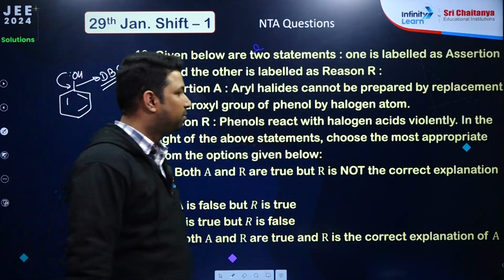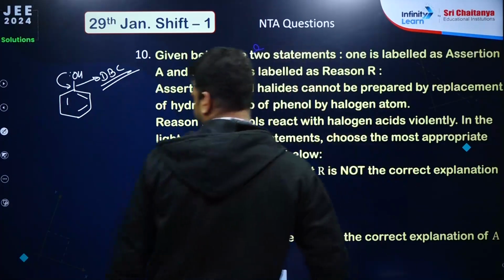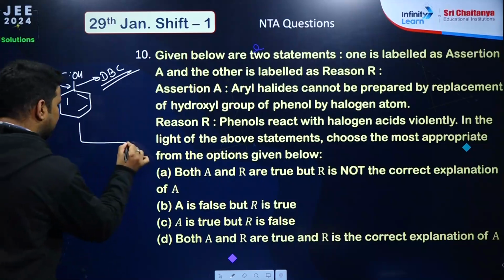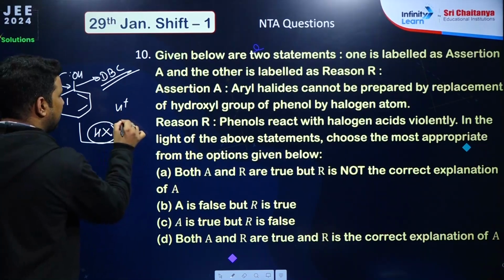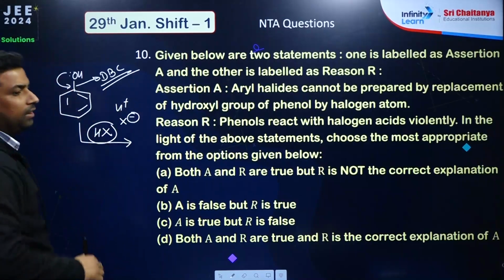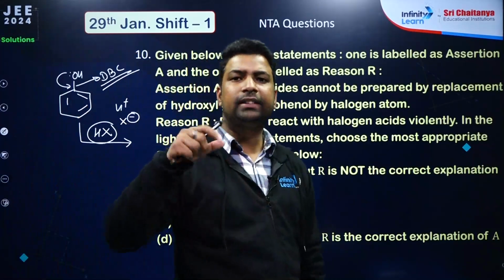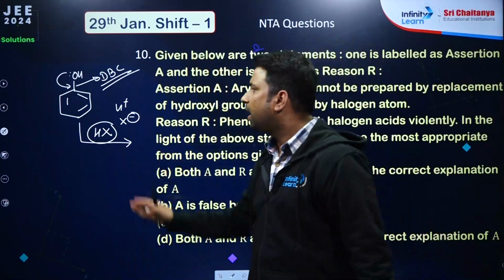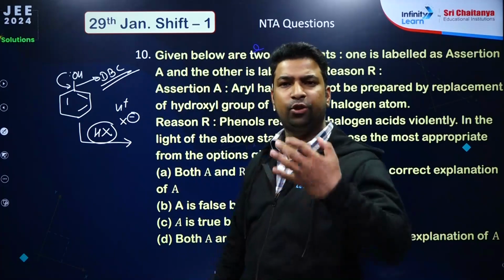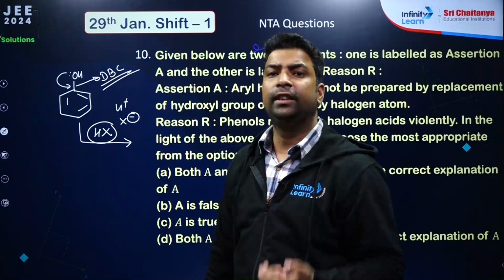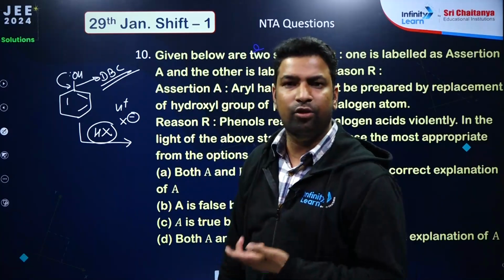The reason says phenol reacts with halogen acid violently. Phenol reacts with halogen acid, meaning HX. HX means it has H plus and X minus. And since OH is connected with the ring, it is a highly activated ring. OH comes under the category of strong activators, meaning it has a high electron density at ortho and para positions.